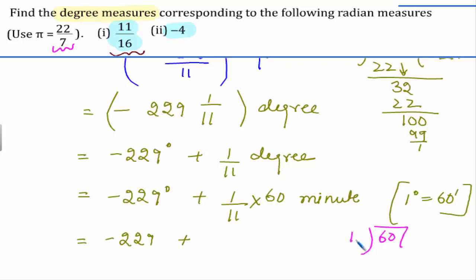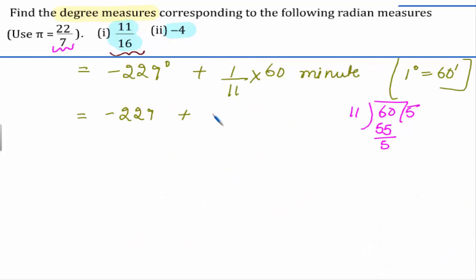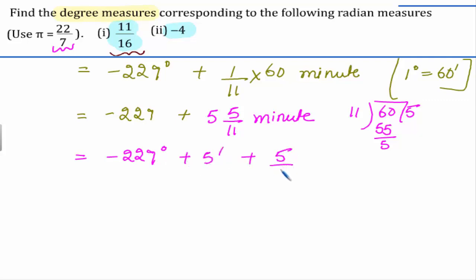So 60 divided by 11 can be written as 11 5s are 55, 5 remainder. So this can be written as 5, then 5 upon 11 minute, which is equal to minus 229 degrees plus 5 minute plus 5 upon 11 minute, and in 1 minute there are 60 seconds. So we have 5 upon 11 into 60 seconds.